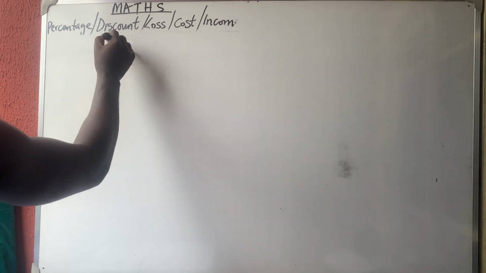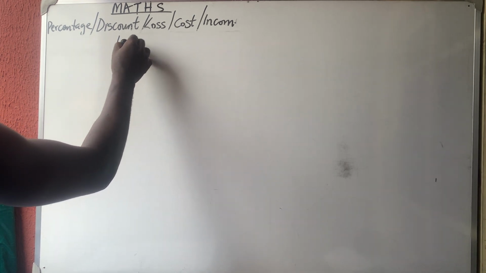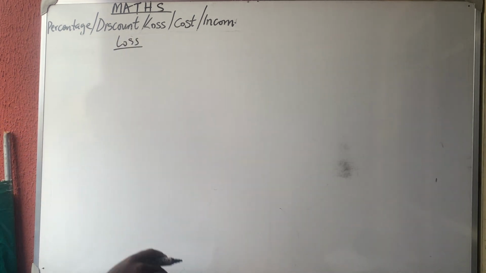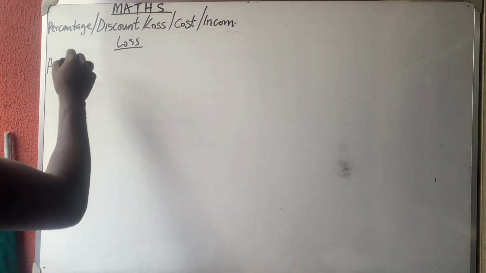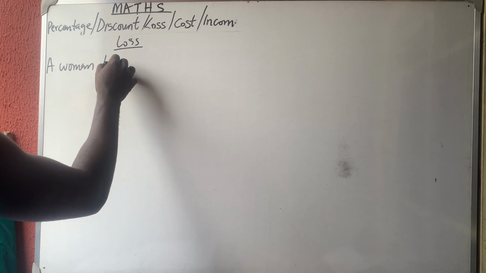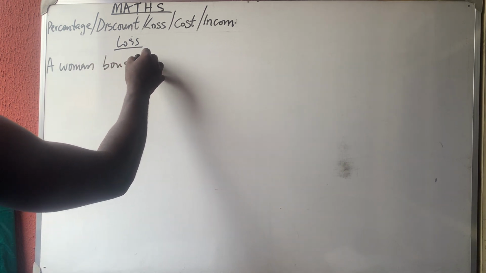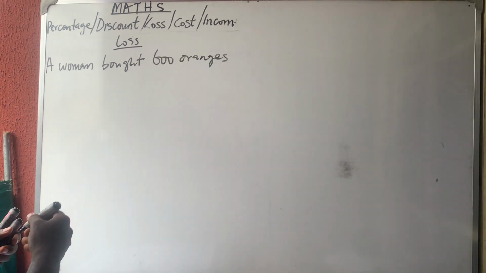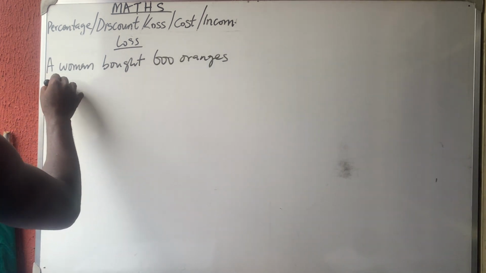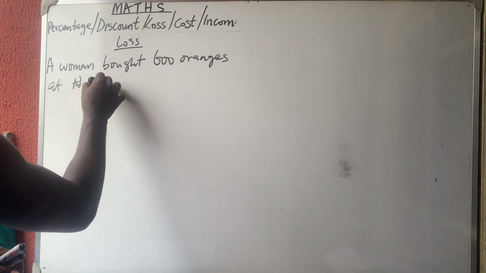So the question said, a woman bought 600 oranges at 1200 naira.